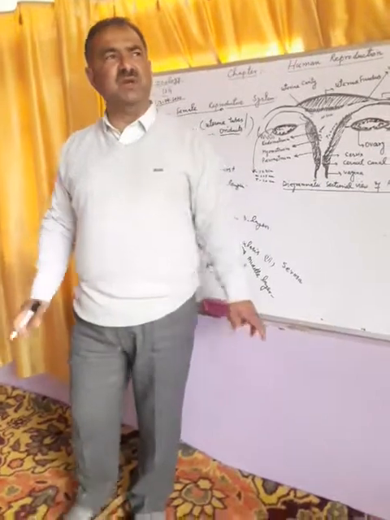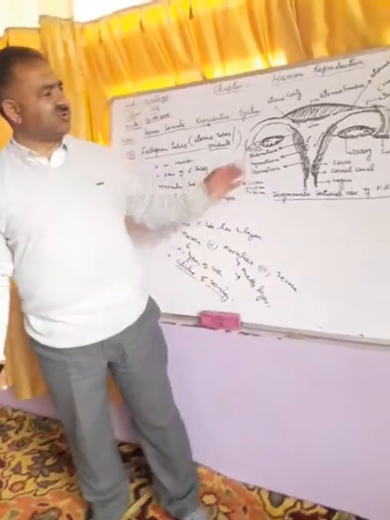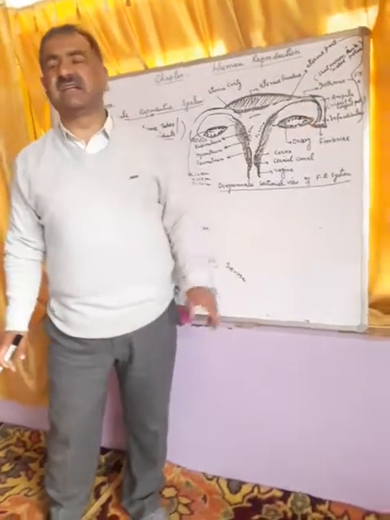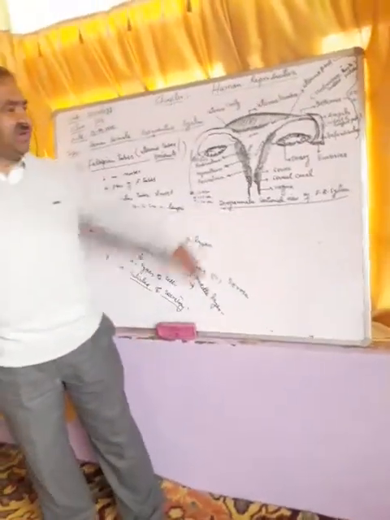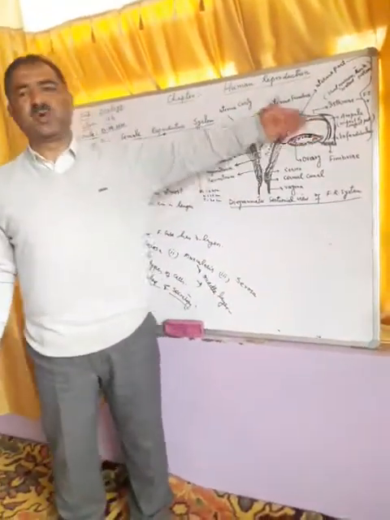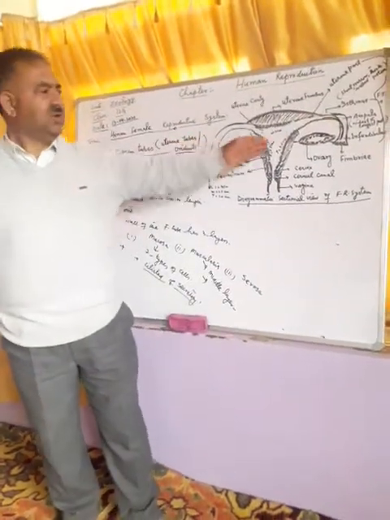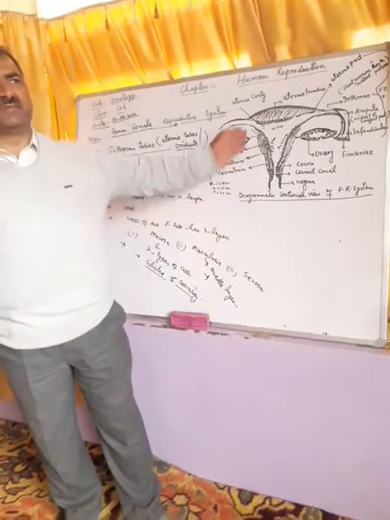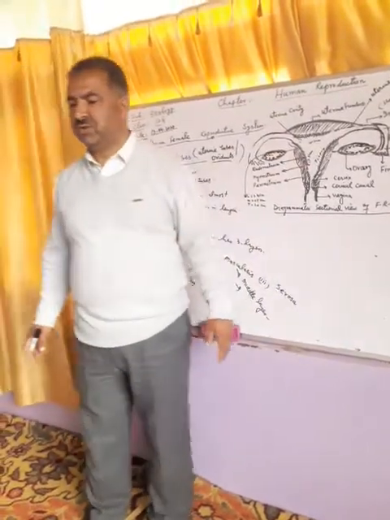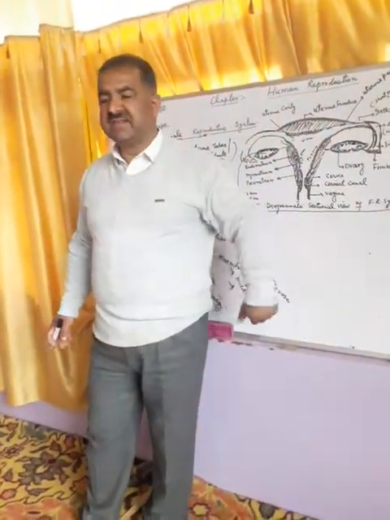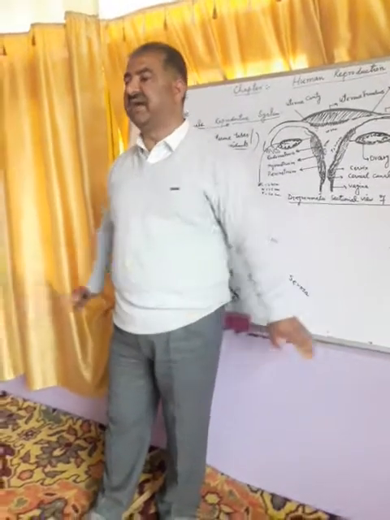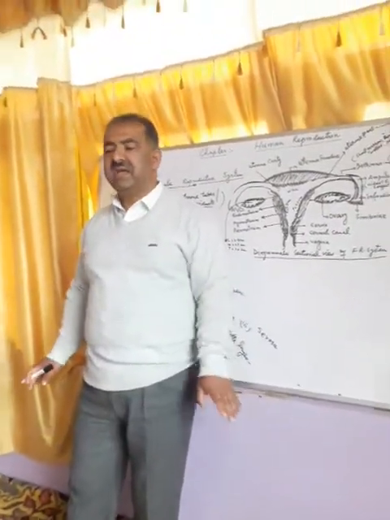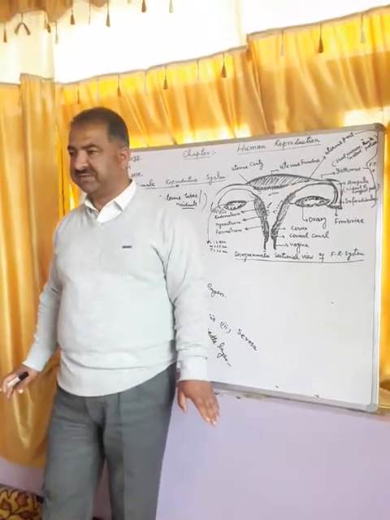Like peristalsis in the digestive system, here there is a contraction and relaxation movement inside the fallopian tube to convey the egg towards the other parts for the purpose of fertilization.